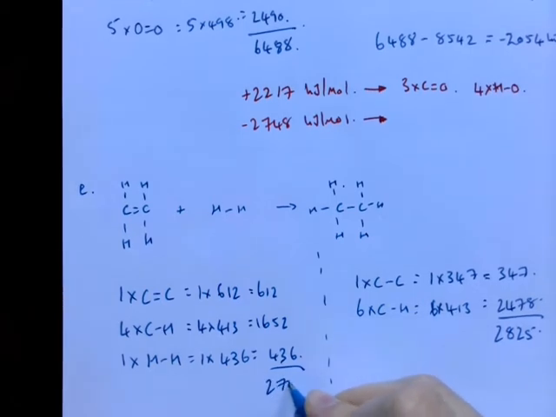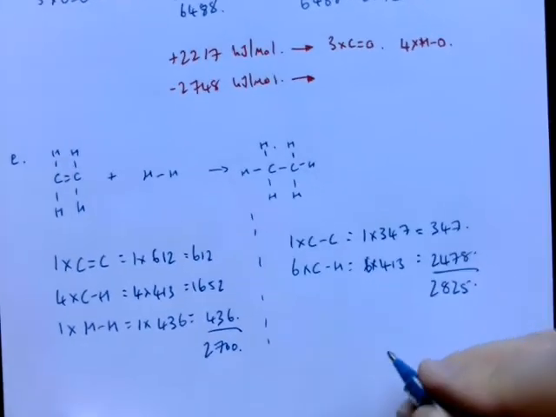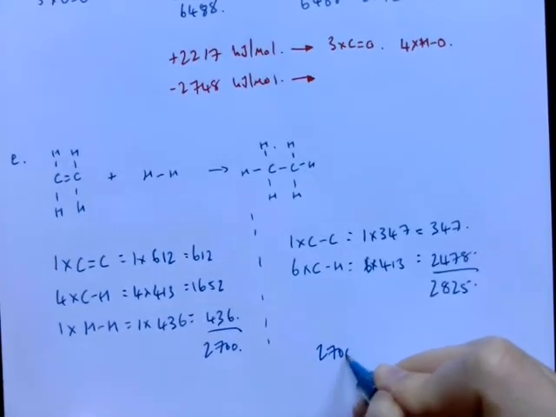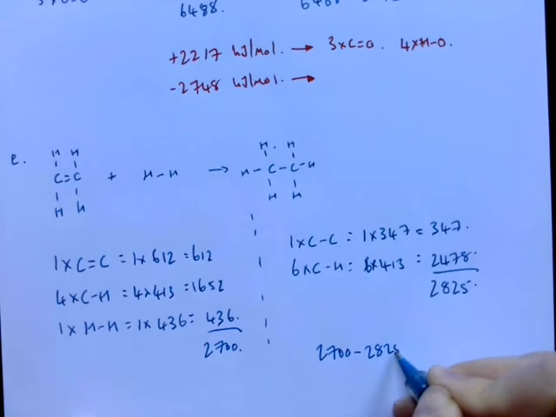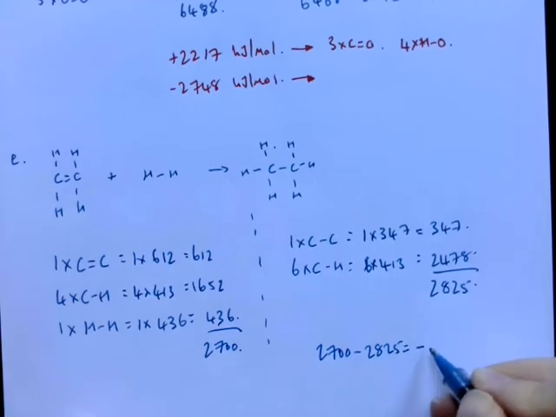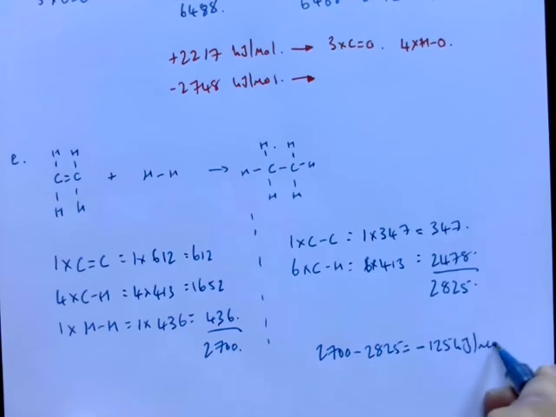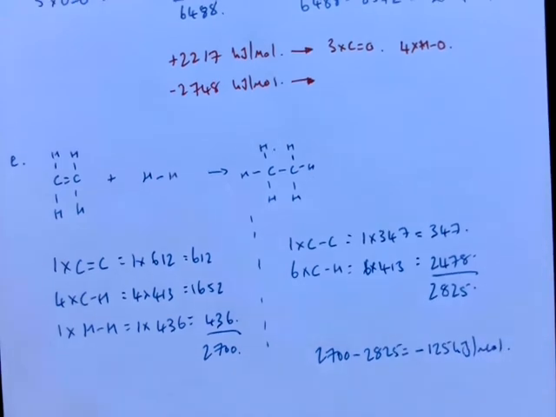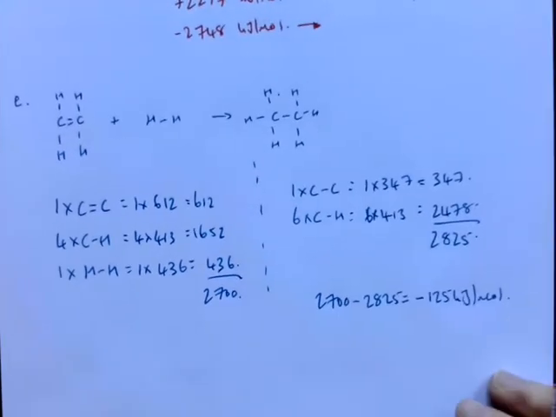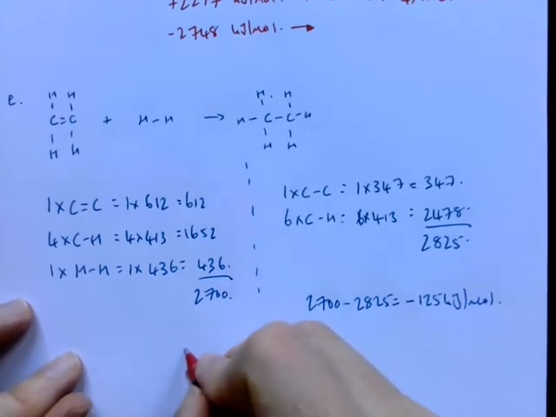And over here I get 2700. All right, so now if I do 2700 minus 2825, I get minus 125 kilojoules per mole.